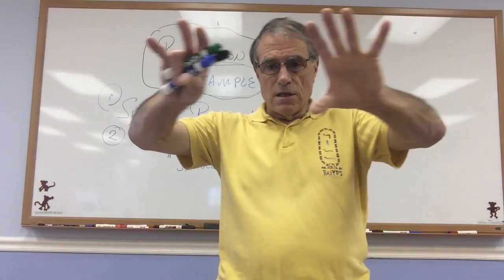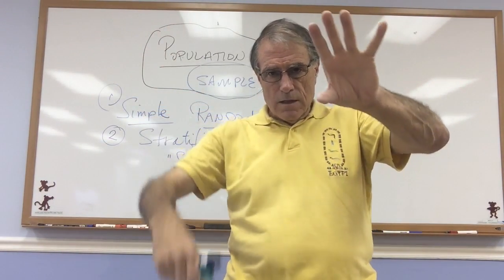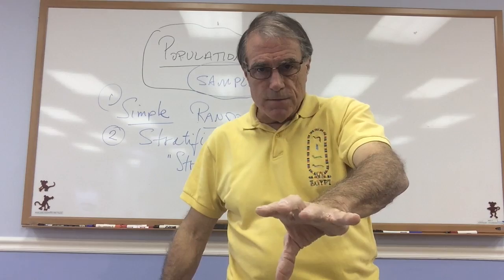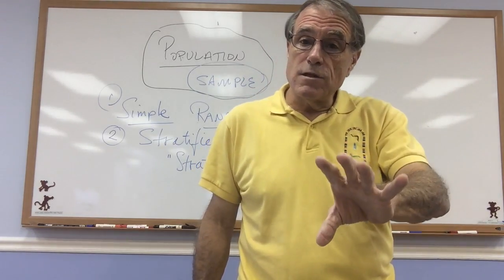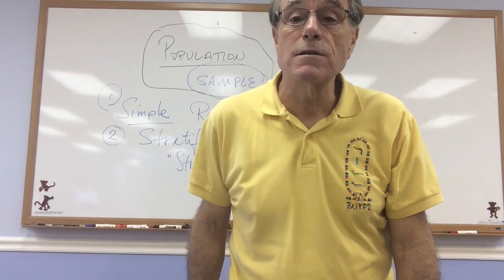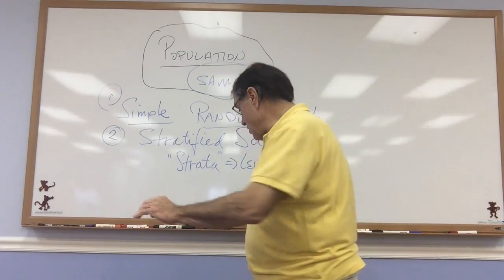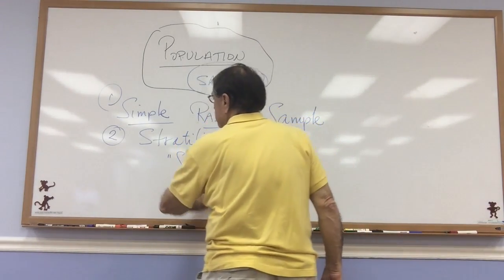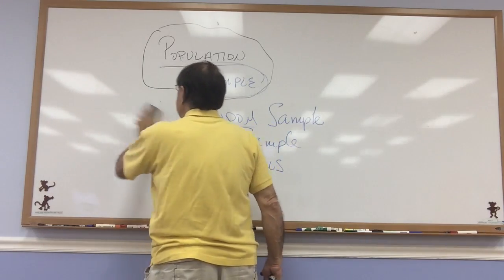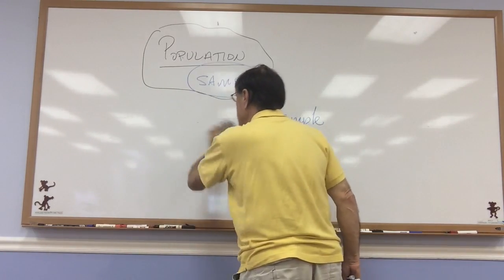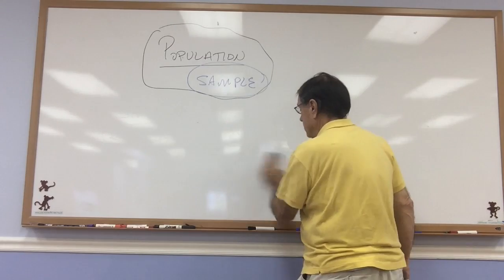So you've got all these different sections. Select your section numbers and then survey all of the students in each of those sections. That's called a cluster sample. That's our choice number 3. Choice number 3 would be a cluster sample.